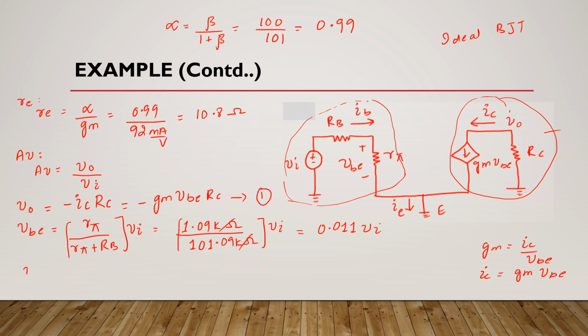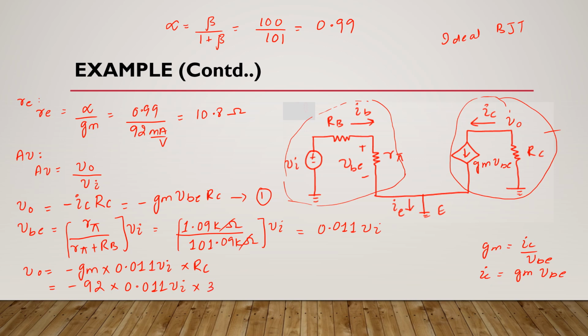Now we put this value of VBE here in this equation number 1. We get V0 is equal to minus GM multiplied by 0.011 VI multiplied by RC. We know that this transconductance is 92 milliamperes per volt, and here we have 0.011 VI, and we know the value of this RC, which is 3 kilo ohms.